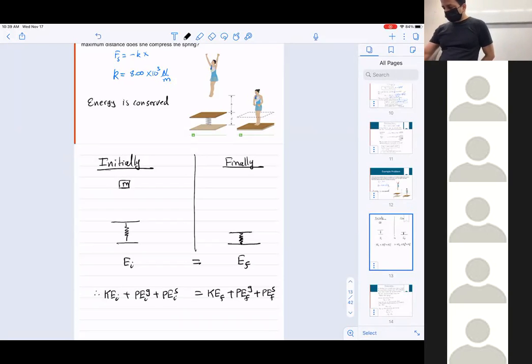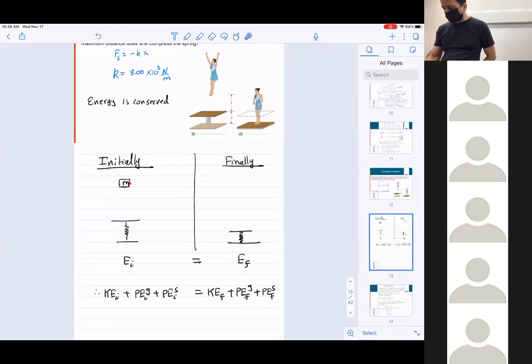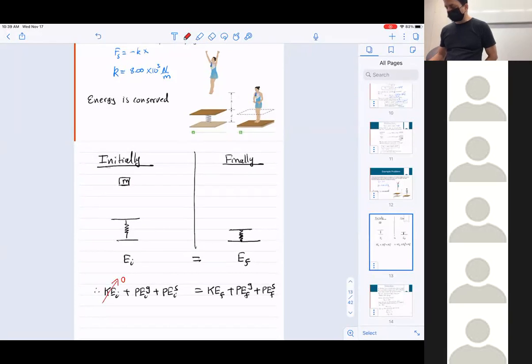Now, initially, she's starting from rest up here. She's just kind of dropping from some height. So therefore, this initial kinetic energy is just 0, right? She starts at rest. Also, when she comes down here and she comes to a complete stop, the spring has compressed and now she's come to a stop.